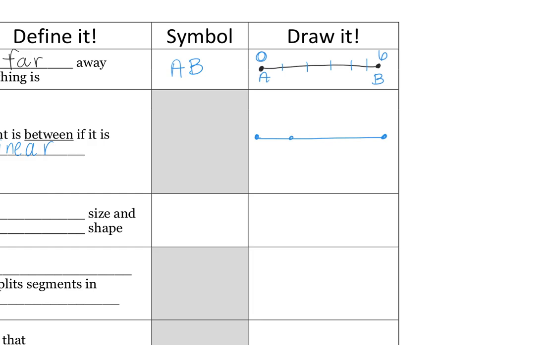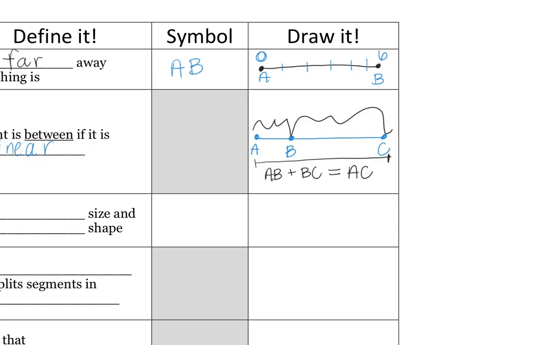I'm going to say that there is an A, there's a B, and there's a C. What you want to see is that you could go from A to B, and then if you go from B to C and add them together, it's going to create this whole distance from A to C. So let's say I do AB plus BC. It's going to give me this whole segment of A to C.